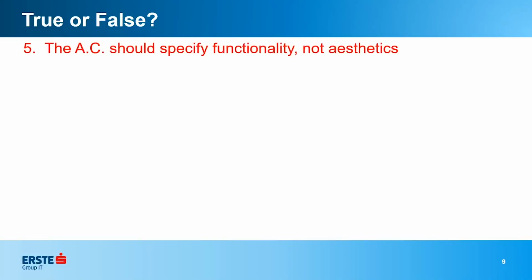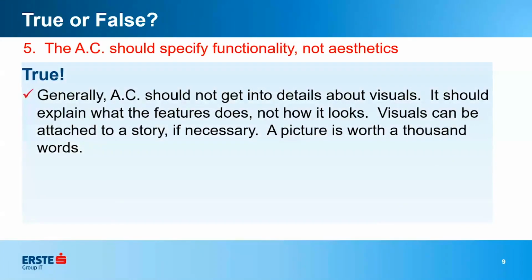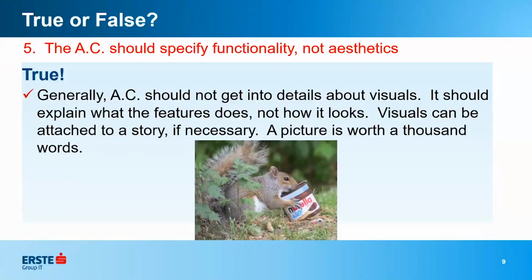Good. Acceptance criteria should specify functionality, not aesthetics. True. Generally, acceptance criteria shouldn't get into details about visuals. It should explain what it does, not how it looks. And the reason for that is, where does it end? If you start describing how something looks, where do you stop? Like if you were to describe this little adorable squirrel eating some Nutella, how would you describe that accurately enough that someone could actually make that?